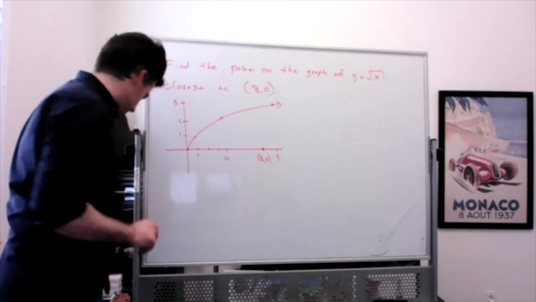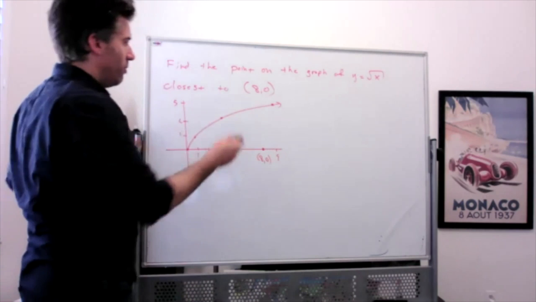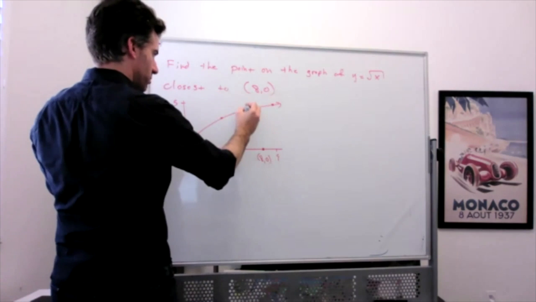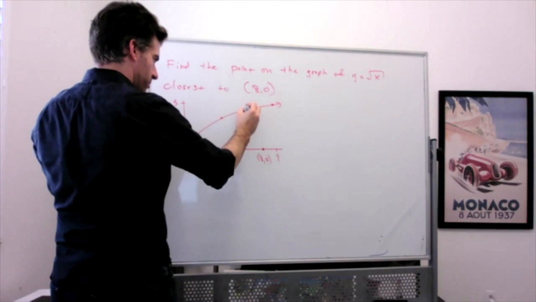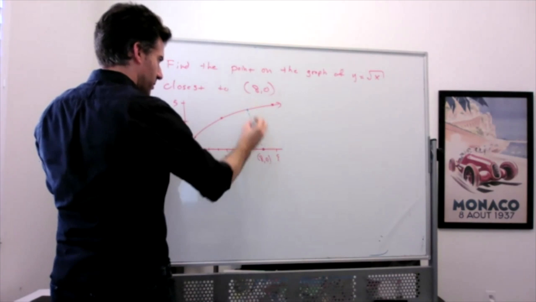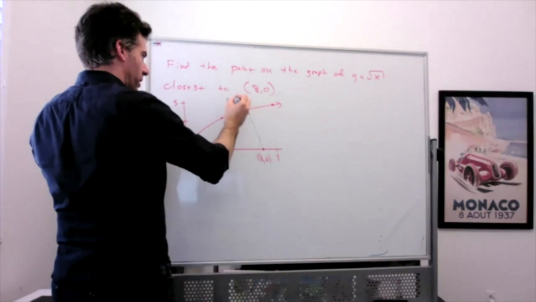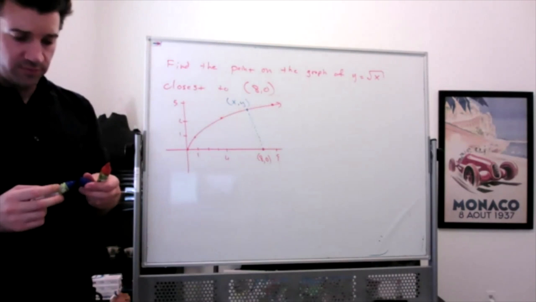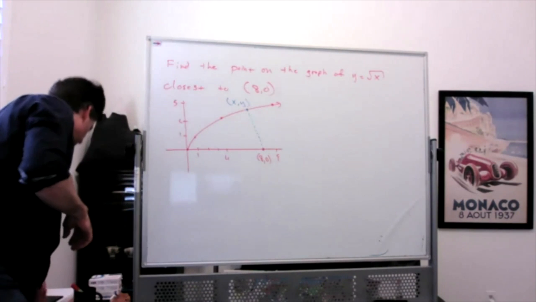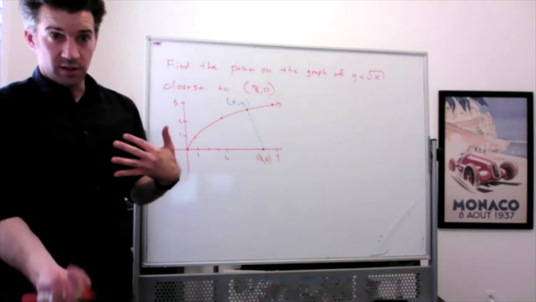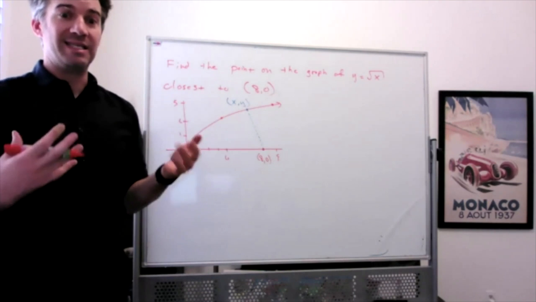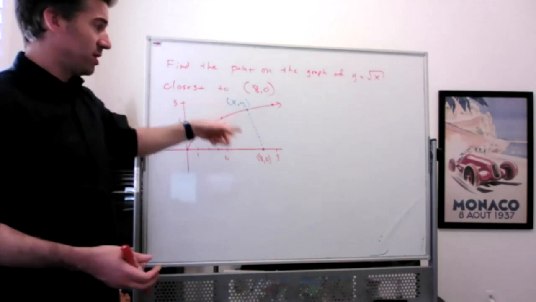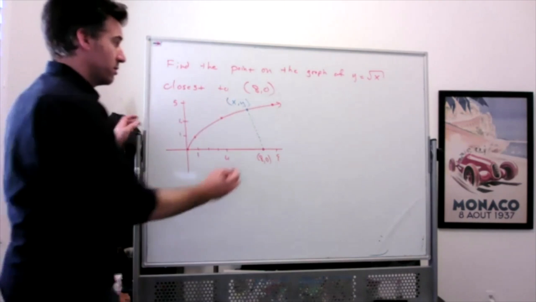And we're asking ourselves, what point on this function is closest to (8, 0)? In other words, we want to minimize the distance between these 2 points.